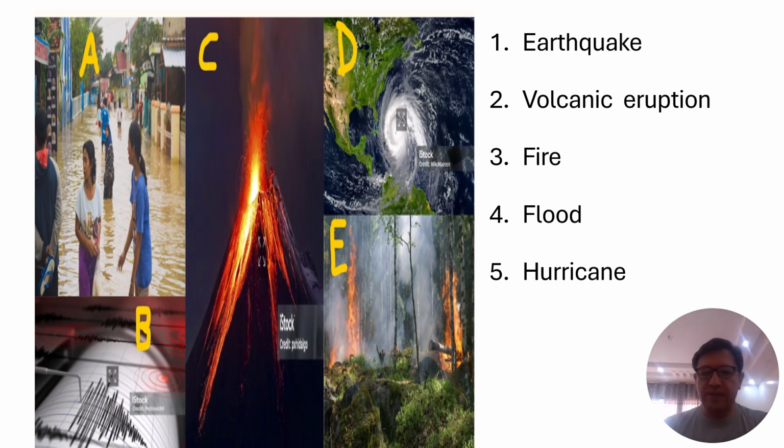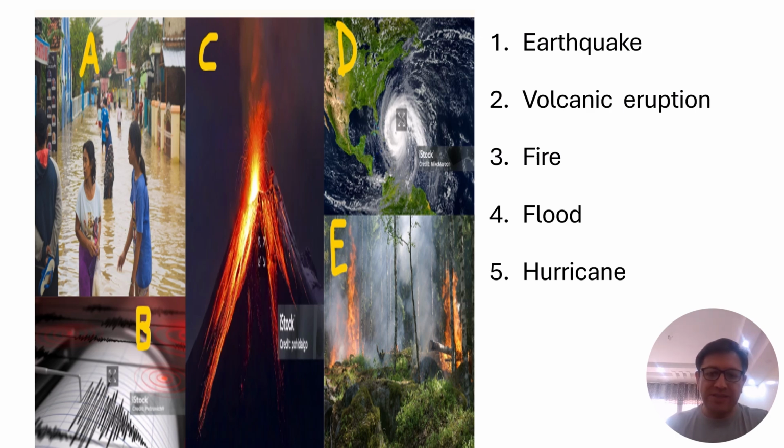All right, so in this part, you are going to match the different types of natural disasters on the right side of the slide to their images on the left.